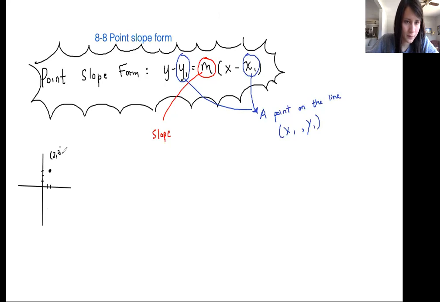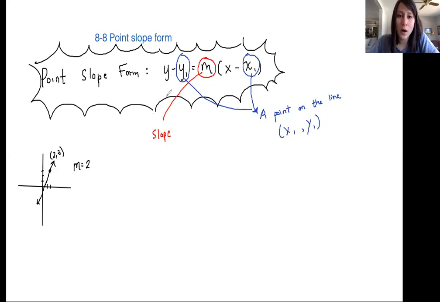And this line has a slope, not a great drawing, of going up 2 over 1, okay? So it has a slope of 2 over 1, which is just 2, okay? So this is like a line that we have, and you don't need to draw this. You don't need to write this down.